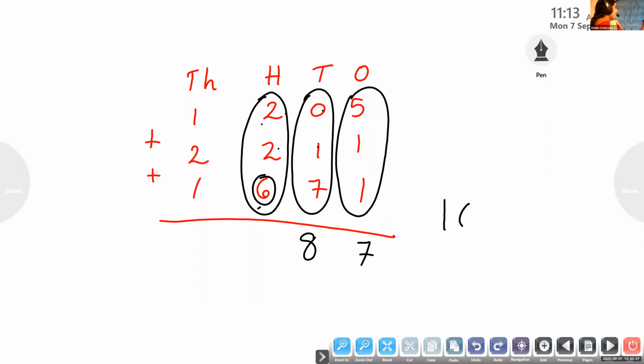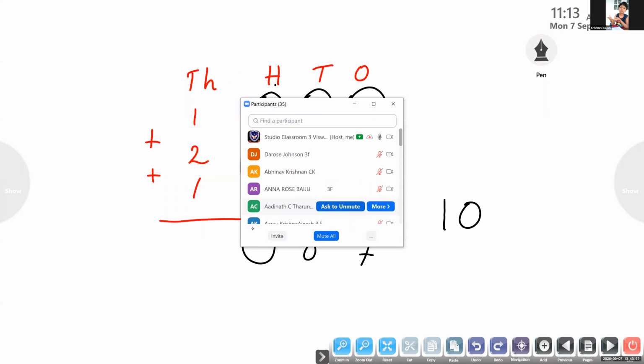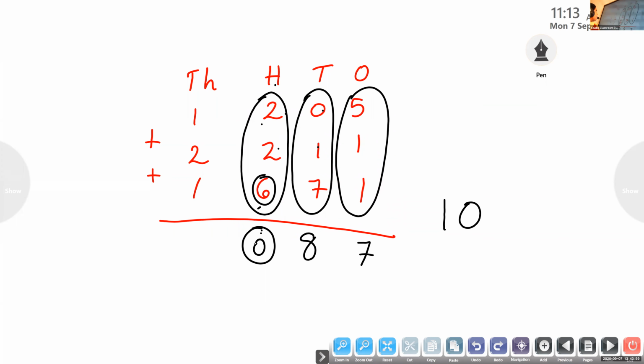So 10. In that 10, what do you have to write under the hundreds place? 0. And this 1 we should carry forward to which place? The 1000 place.